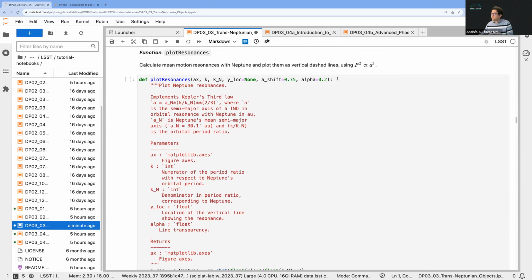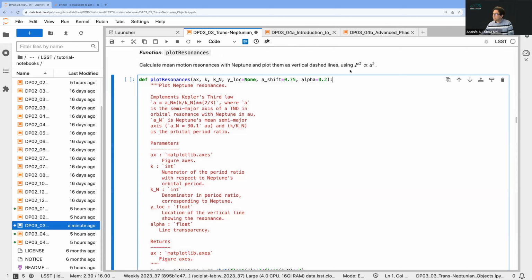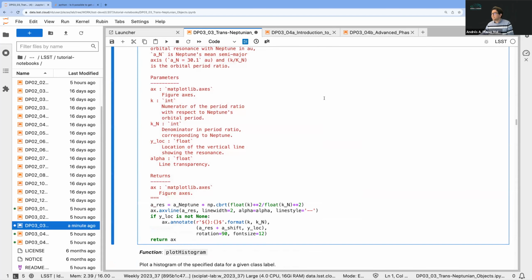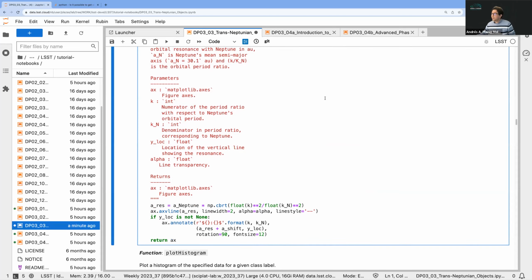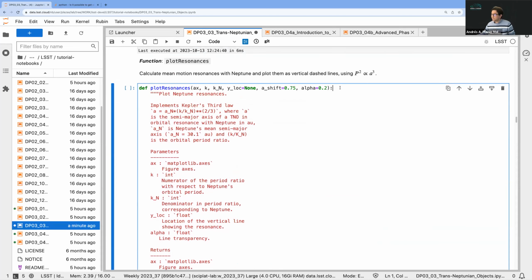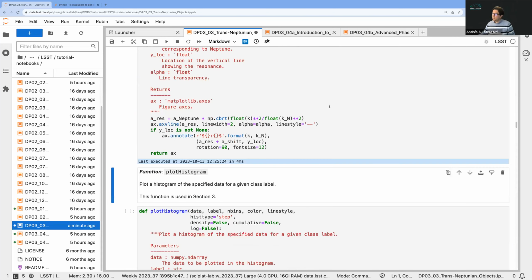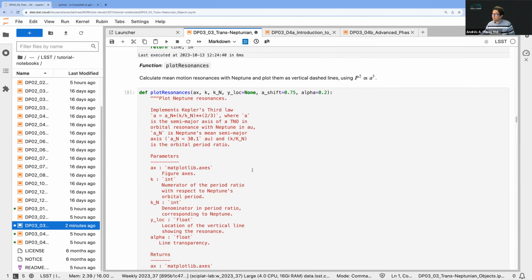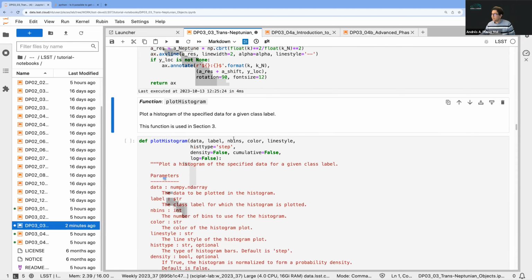We have another helper function to implement Kepler's third law between the orbital period and the semi-major axis. And this is a helper function to plot where the resonances with Neptune are. So we're basically just implementing Kepler's law.